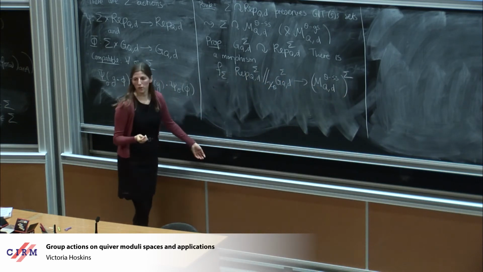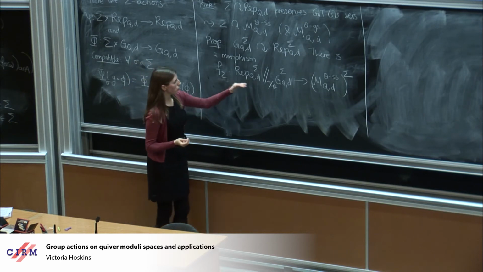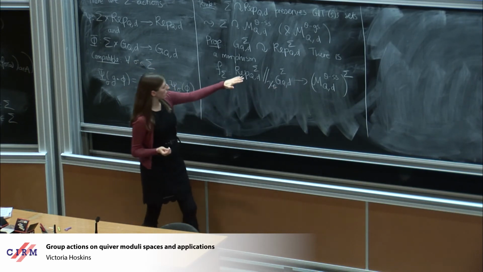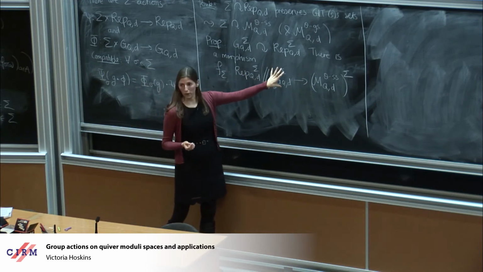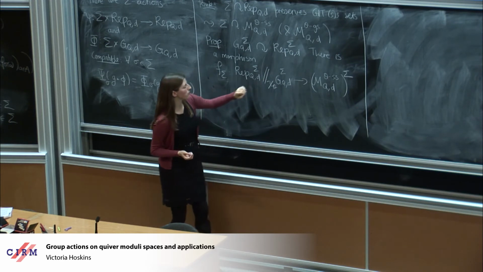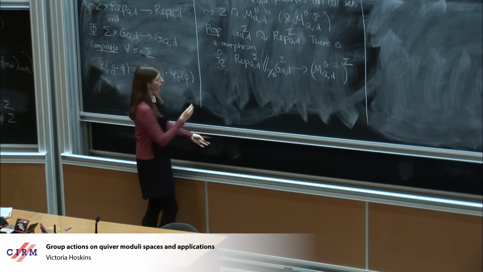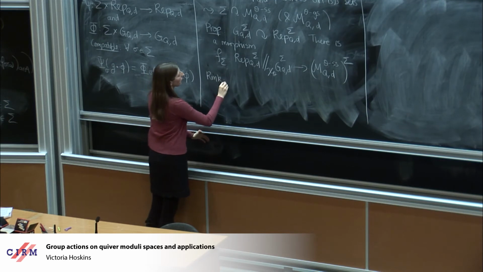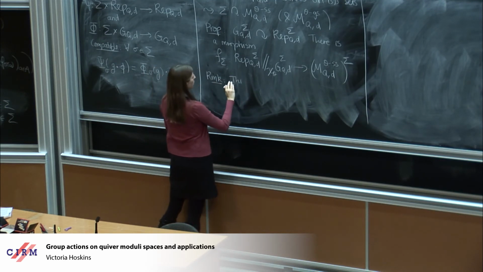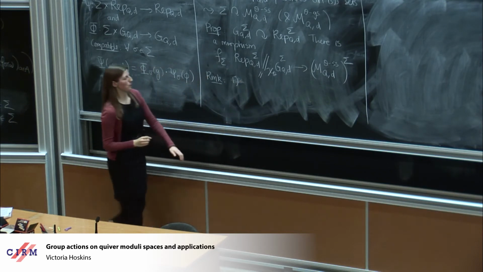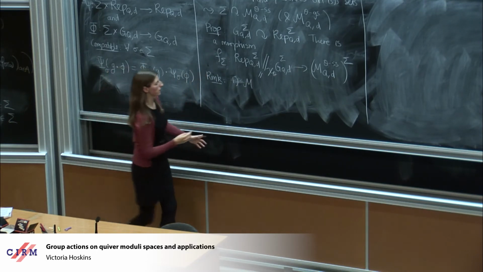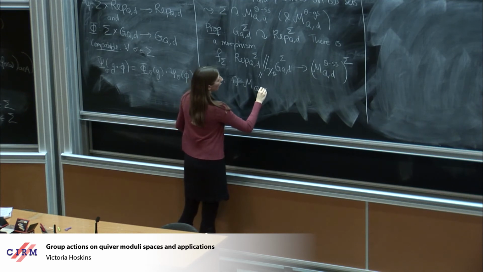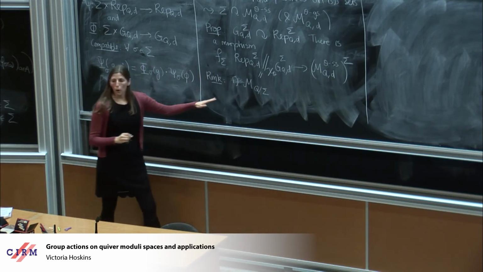The construction of this map is just using the universal property of the GIT quotient. The only hard thing is to show that on this fixed locus, the semi-stability for the smaller fixed group is the same as the semi-stability for G. Okay. And let me make a remark, two things. So firstly, this variety here is actually also a moduli space for Quiver representations, namely representations of a quotient quiver.